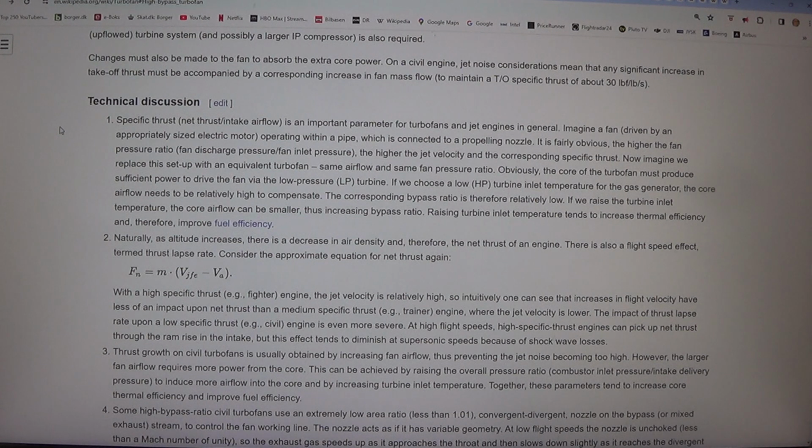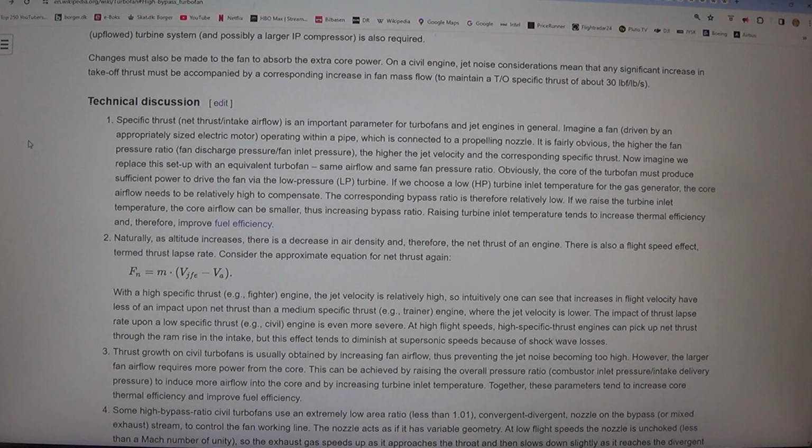Technical discussion, edit. 1. Specific thrust, net thrust/intake airflow, is an important parameter for turbofans and jet engines in general. Imagine a fan, driven by an appropriately sized electric motor, operating within a pipe, which is connected to a propelling nozzle.